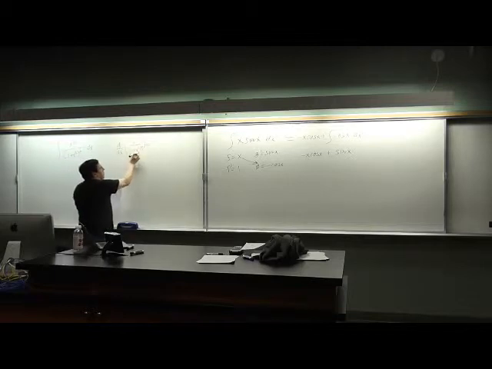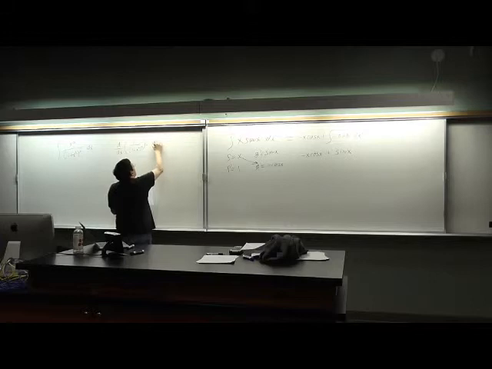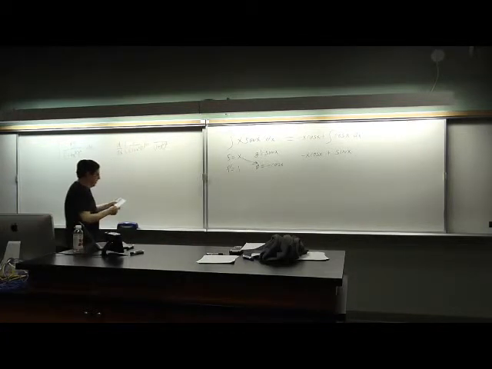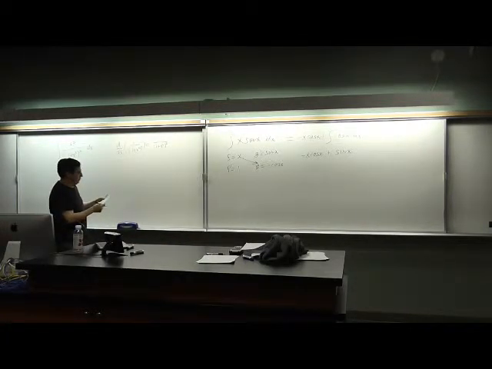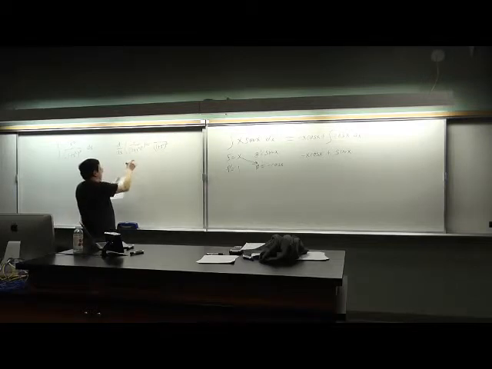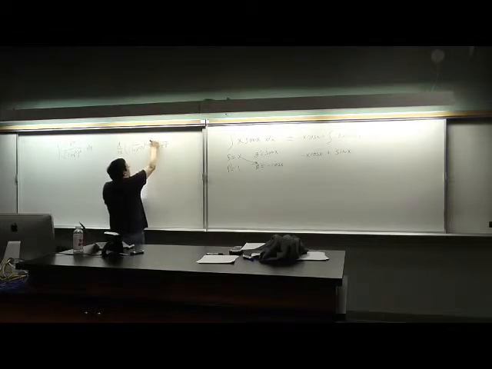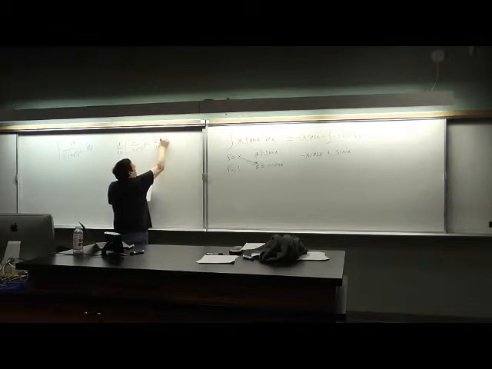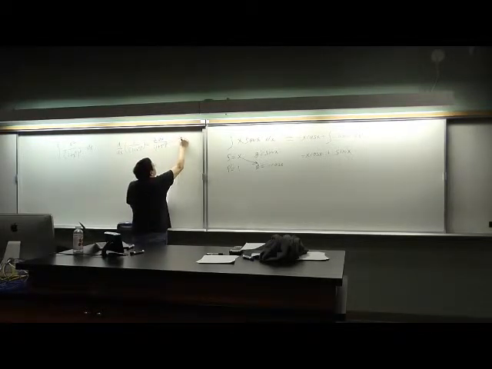Well, it's this to the negative 2, so the power rule tells me it's going to be 1 plus x squared to the minus 3, times the derivative of what's inside, times, of course, negative 2, times, using the chain rule, what's in here, 2x. So this is negative 4x over 1 plus x squared cubed.